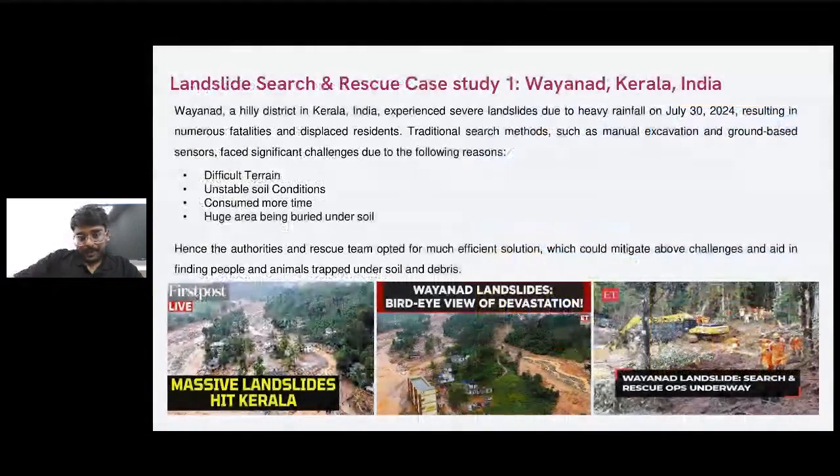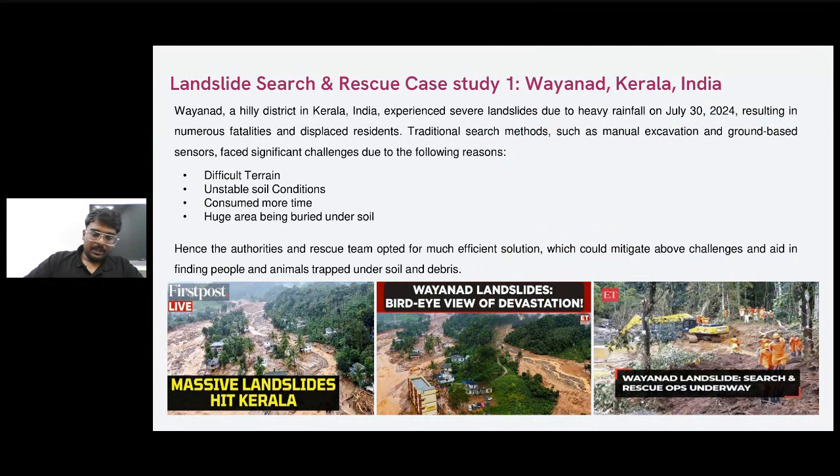We'll be going through what happened, and how this solution contributed to effective search and rescue operations in these regions. By going through these examples, we will understand how incorporating new technologies and innovations into traditional methods can be more effective and productive.